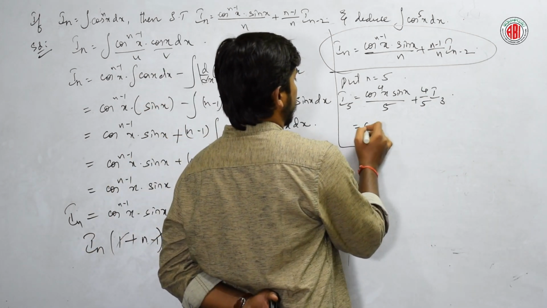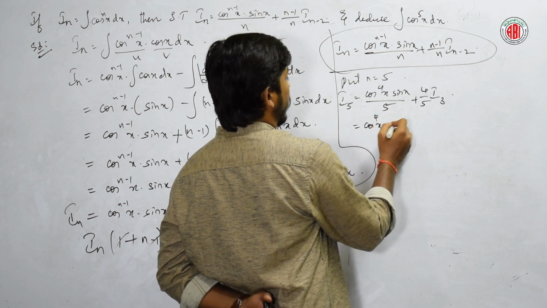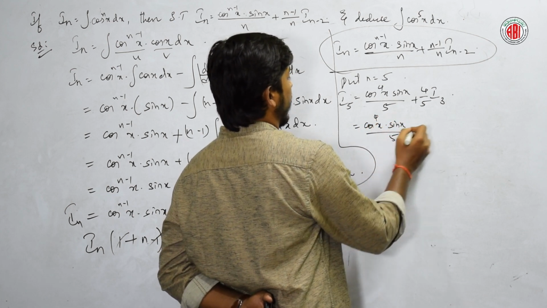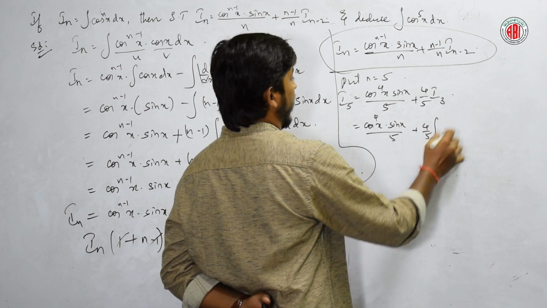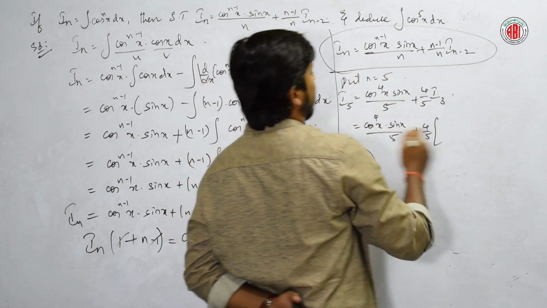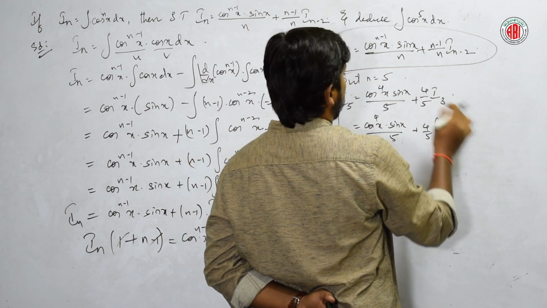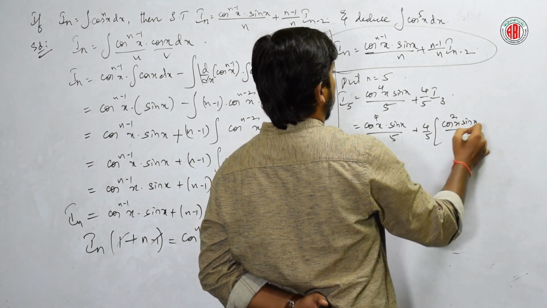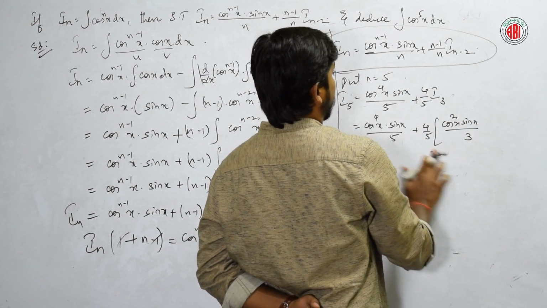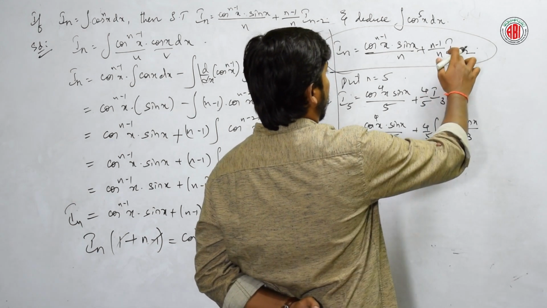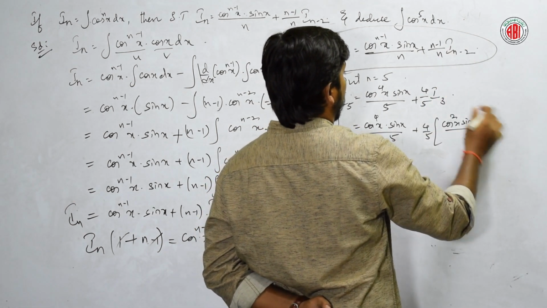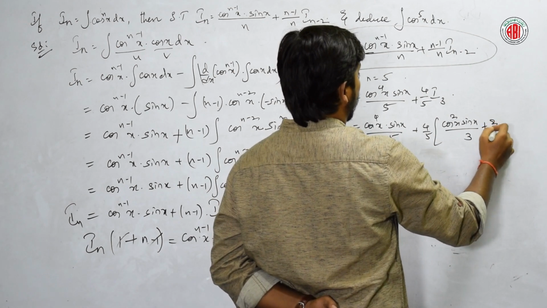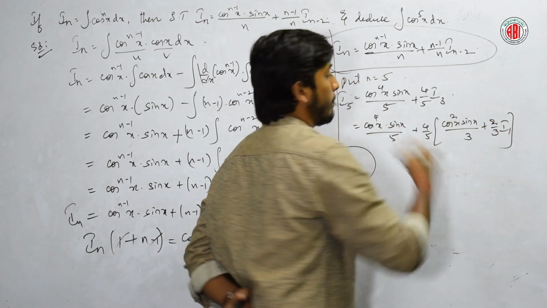So, this is cos^2x sin x by 3 plus 2 by 3 I(1).